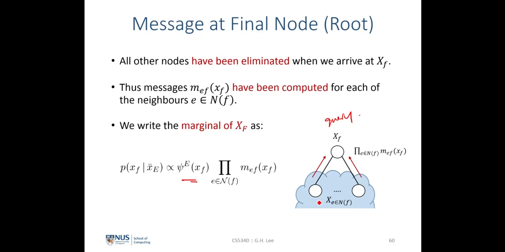We'll denote these nodes generally as xe, where e is in the neighborhood of f, meaning all the nodes directly linked to this root node, which is also the query node. By doing that, we will be able to get the marginal probability of xf conditioned upon xe observed. Since xe is observed, it's already absorbed into this potential.